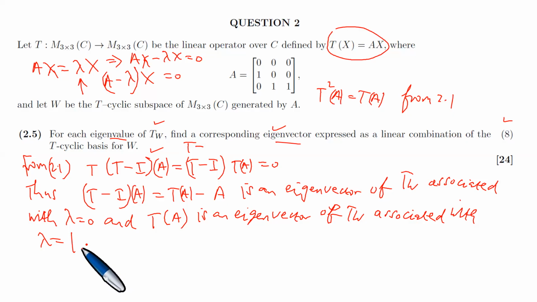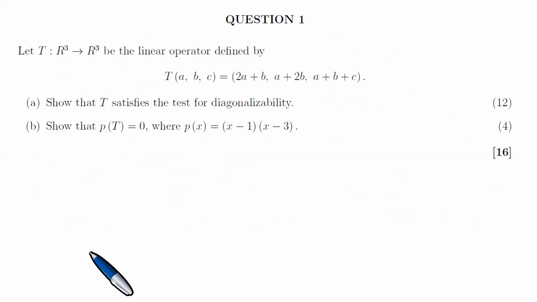So we continue. Next question. As part of what we learn, we must learn the test for diagonalizability. So we must know if a T is diagonalizable or not. To know if T is diagonalizable or not, a couple of things remain extremely important.